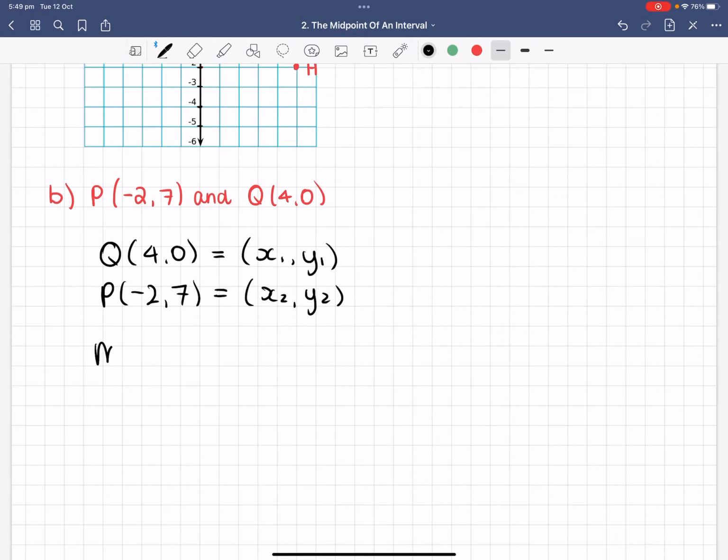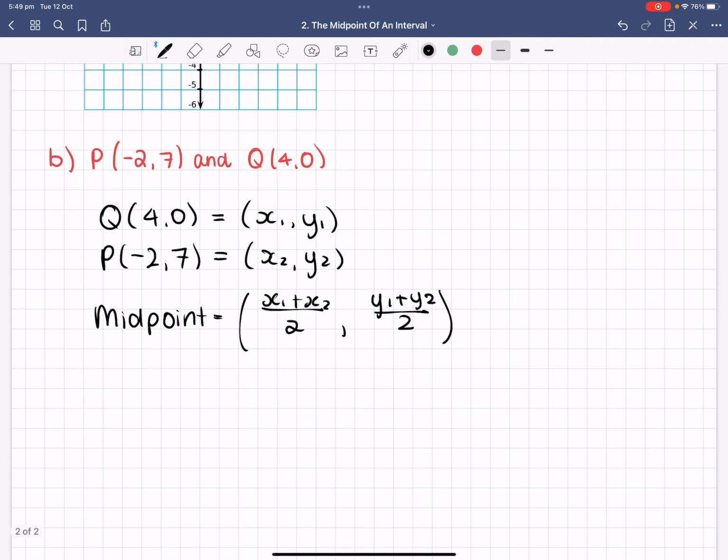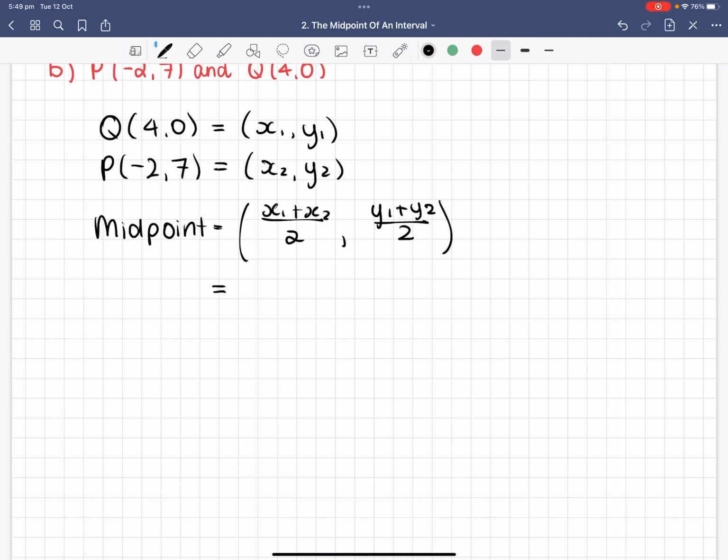Remember, for our midpoint formula, we want to add the x coordinates together and divide by 2. And we want to add then the y coordinates together and divide that by 2 as well. So with our x coordinates, we'll take x1 and x2. So we've got 4 plus negative 2, all over 2. Then we want our y coordinates.